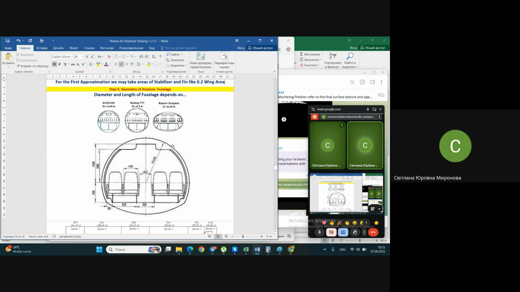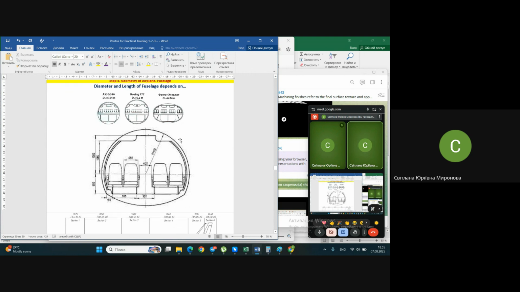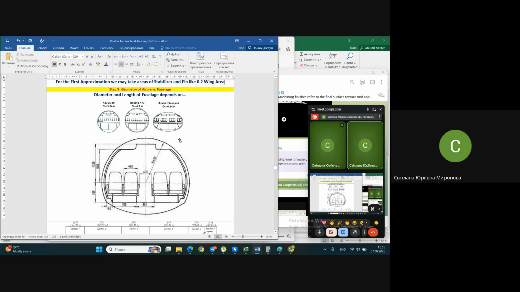Let's imagine that we're talking only about a passenger airplane. And pay attention here to the layout of the cross-section of the fuselage for different airplanes. You see the names of the airplanes and what they differ with.